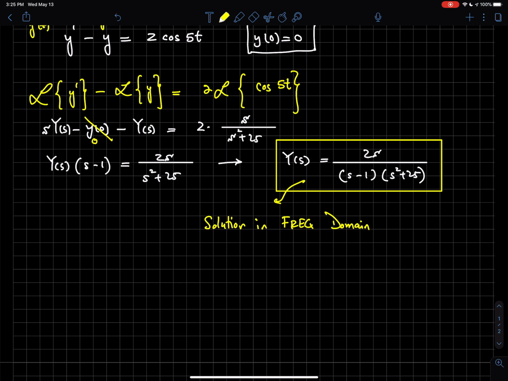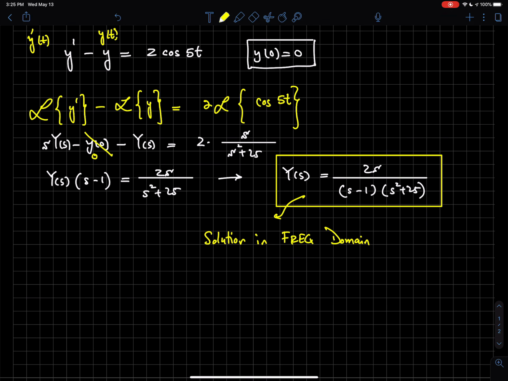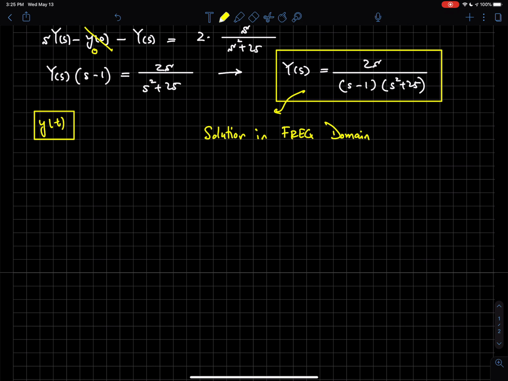Now, my differential equation initially was in time domain, so obviously I'm looking for y of t, not y of s. So I want to find y of t. So basically at this point, all I have to do to find my solution in time domain would be to take the Laplace inverse of y of s.